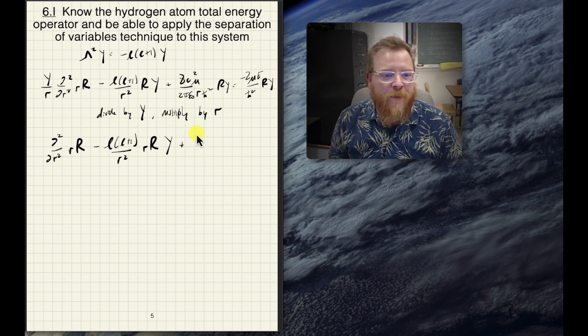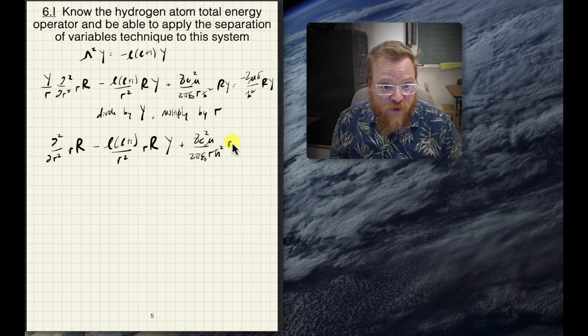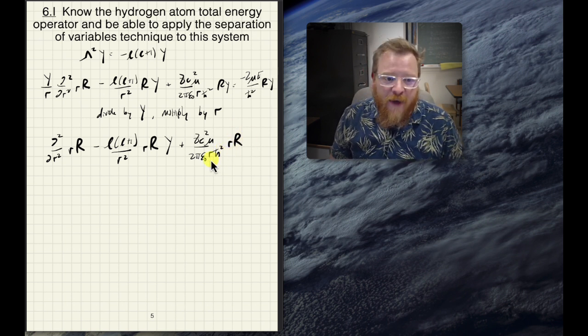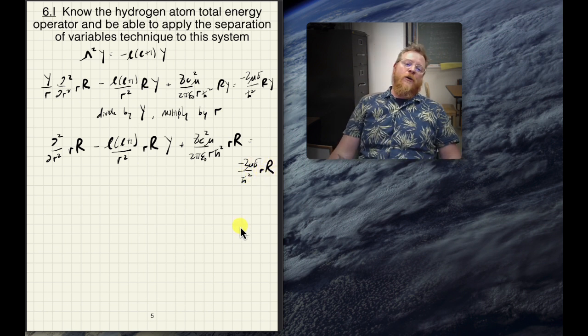And then I'm going to say that that's Ze squared mu over 2 pi epsilon naught r h bar squared. And I'm going to keep it as R of r still and not cancel those r's. And then this will all equal -2 mu e over h bar squared times R of r.